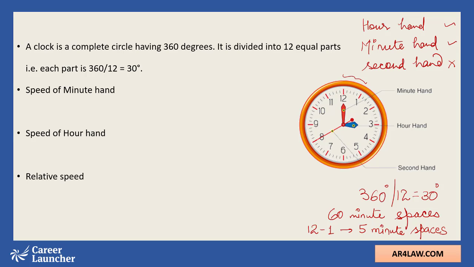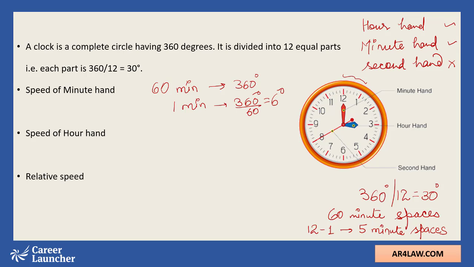We know the minute hand completes one full rotation, starting from 12 and coming back to 12, in 60 minutes. So for the minute hand, in 60 minutes it covers 360 degrees, so in 1 minute it will cover 6 degrees.